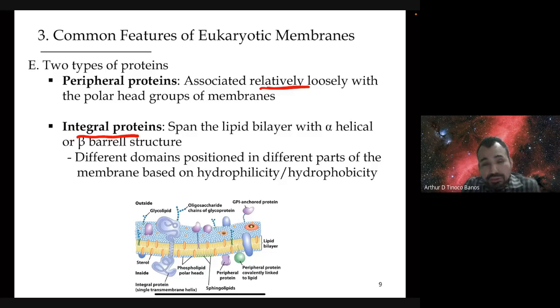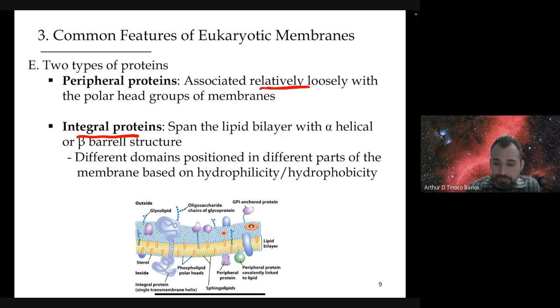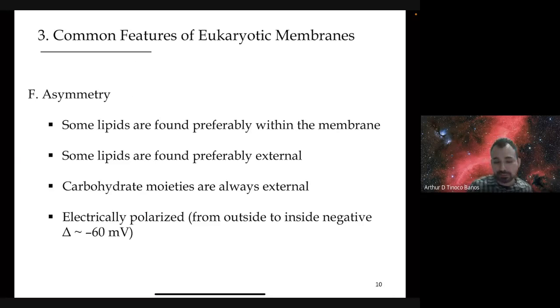Now, they're not loosely associated with the membrane. In fact, it's often very difficult to isolate a membrane protein because they tend to aggregate and be very difficult to solubilize. So it can be quite complicated to study. You often need detergents in order to have them in soluble form.